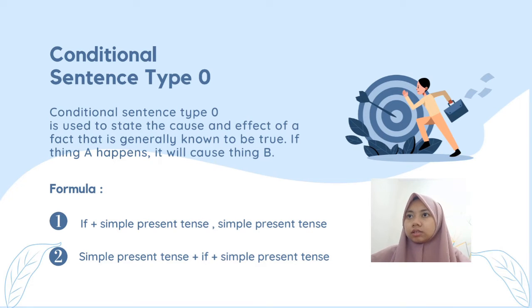Conditional sentence type 0 is used to state the cause and effect of a fact that is generally known to be true. If thing A happens, it will cause thing B. And the formula itself: if plus simple present tense, or simple present tense plus if plus simple present tense.